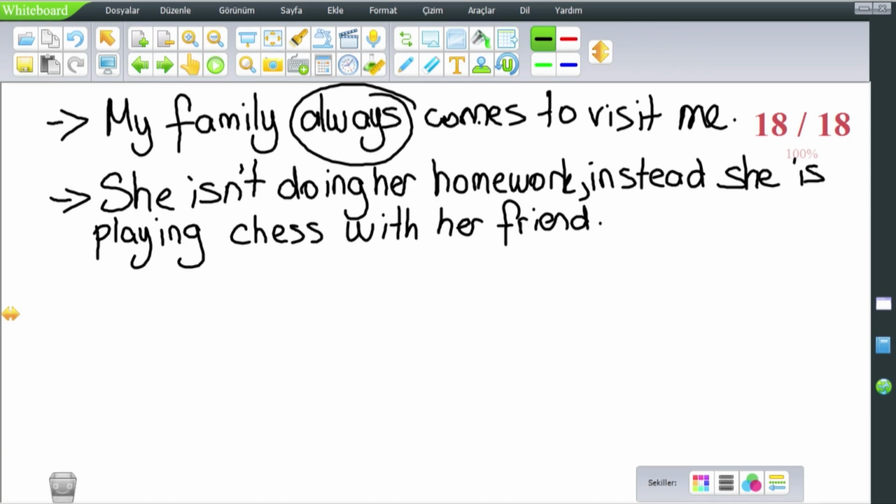One is here and one is here. There are two complete sentences. I'm looking at the first sentence. My subject is she. And I'm looking at the time. This is happening right now. So, isn't, and verb ing. She isn't doing her homework. Instead, she is playing chess with her friend. Ödevini şu an yapmıyor. Onun yerine şu an arkadaşıyla satranç oynuyor.